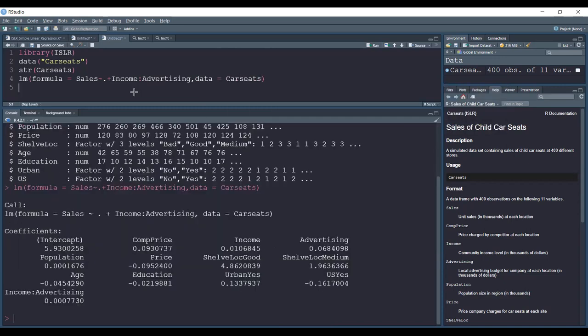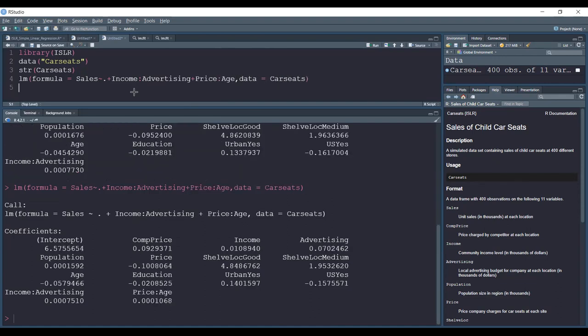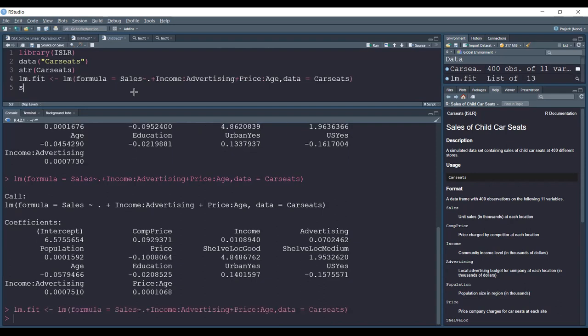And that's odd, isn't it? Why didn't we get an error? Shouldn't I have attached? Anyway, never mind. And price with age. Let's save it as lmfit. Take a summary of lmfit.